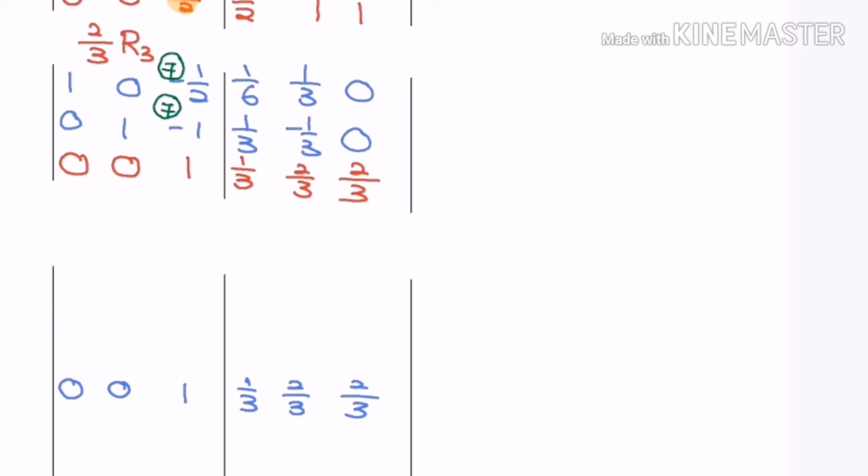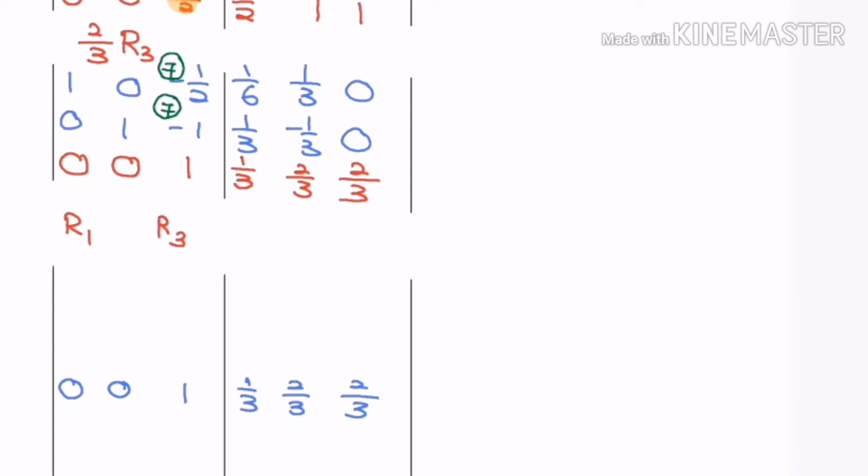So my focus is column 3, row number 1, so the name will be R1. Okay, so in column 3, we must try to relate the value in column 3, row 3. So I'm going to use the third rule, adding one row with k times of another row.